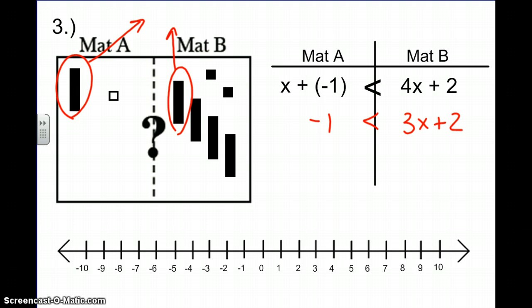It would be nice if we could get the 3x's by themselves. So the next move we may want to consider is adding some negatives to get rid of those two positives. But of course, again, to make that a legal move, we have to add two negatives to mat A as well.